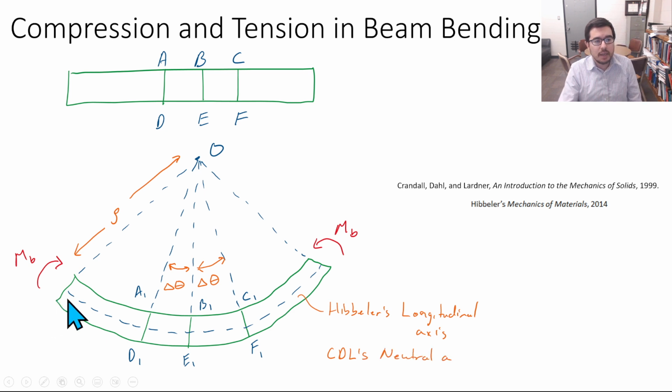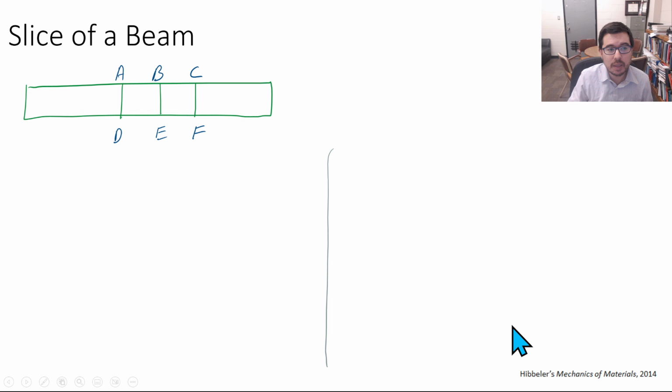This axis, okay, we described a neutral surface before. We can also think of, in this 2D perspective, this as being a curve, all right? And Hibbeler calls this the longitudinal axis. This is the axis where you don't have stretching or compressing. And CDL calls this the neutral axis.